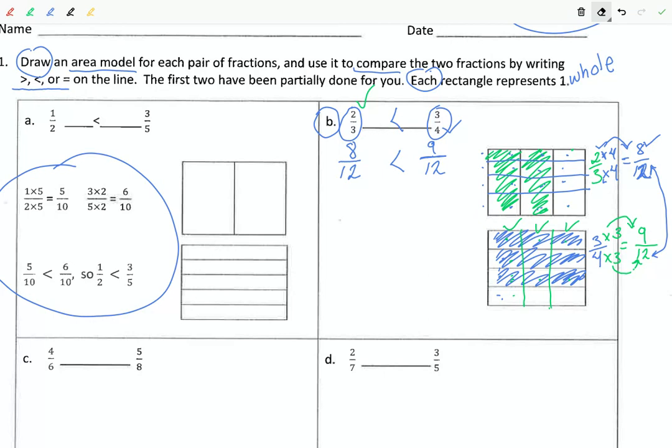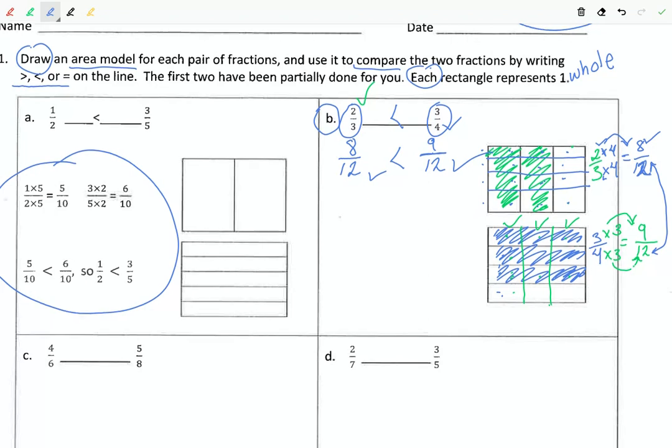And then you can go ahead and multiply top and bottom, and you already know it's going to be by the opposite denominator. Label here the new fractions that you are making, and then compare and put your symbol in there. And that's it. That would be it for number 1.